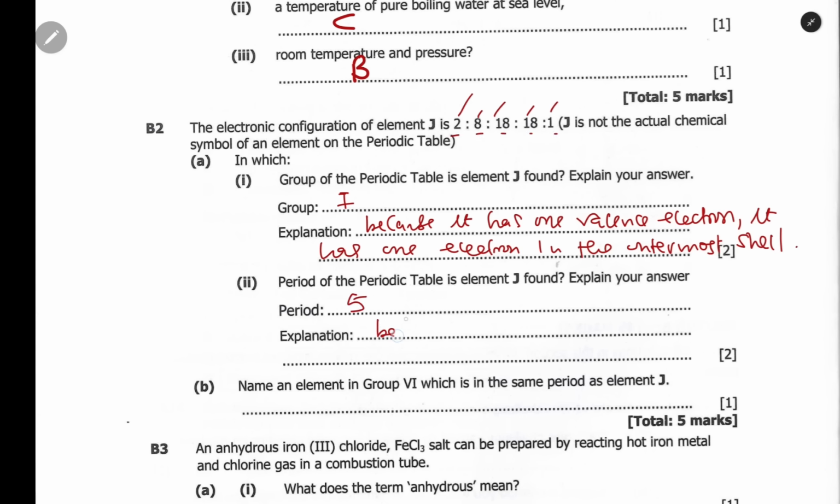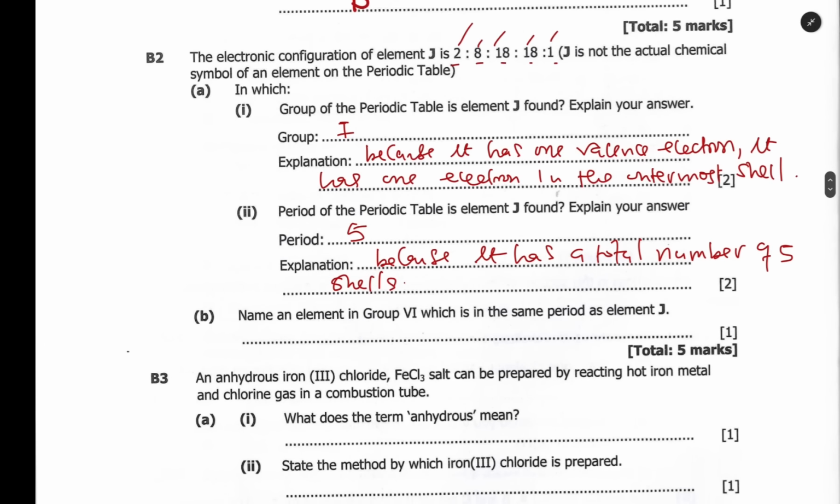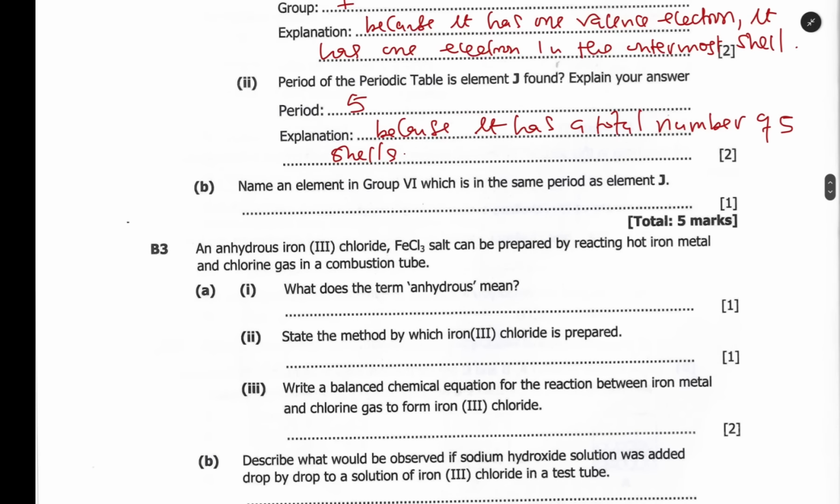The reason is because it has a total of 5 shells. So the number of shells determines the period in which you find the element.